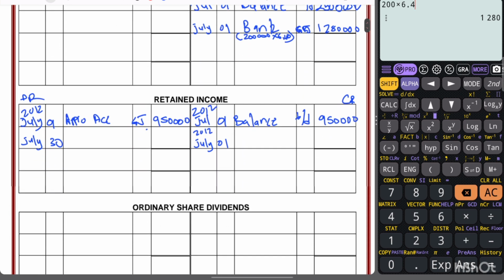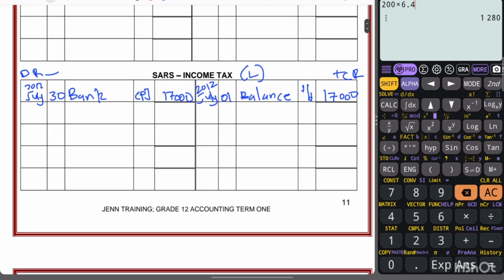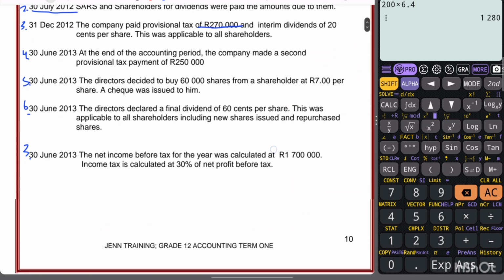Let's go and record it under SARS income tax because we are paying now. Our first provisional payment is going to be CPJ now.